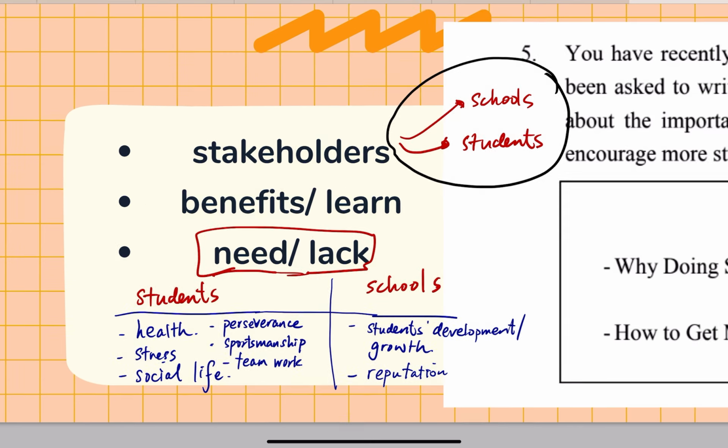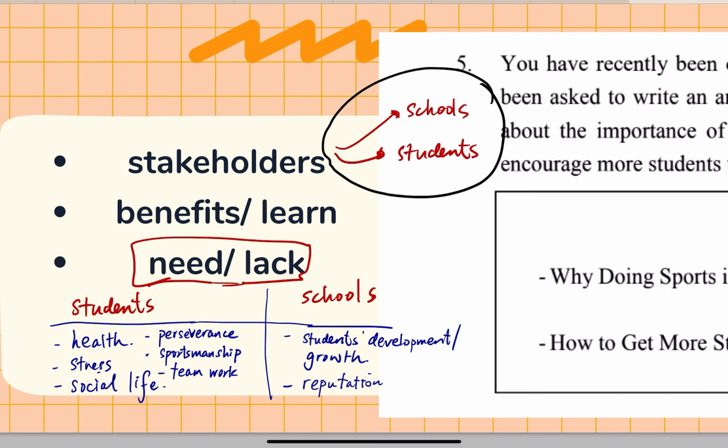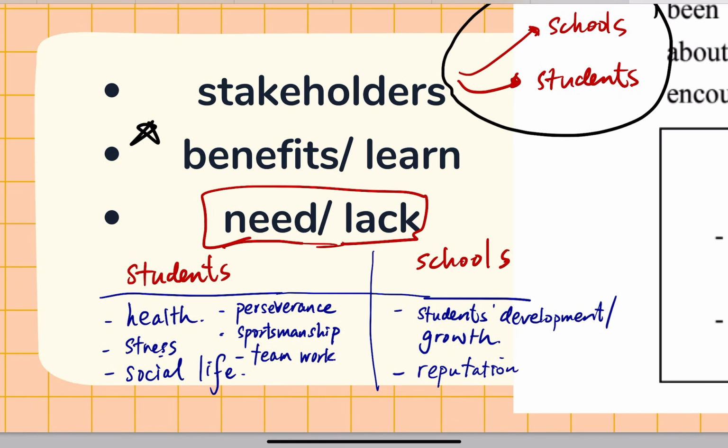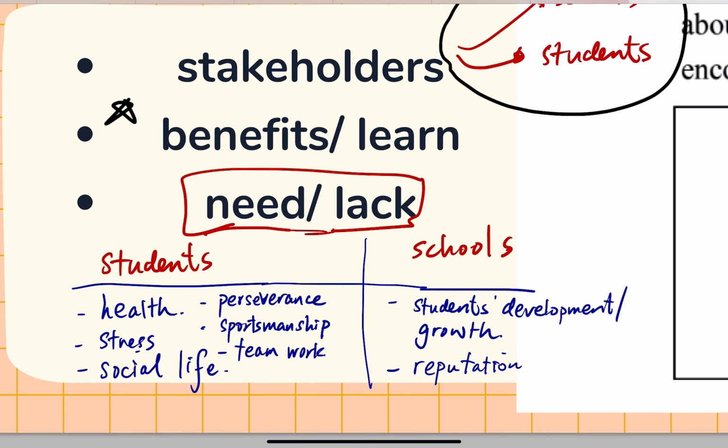So when we want to understand why it is important, we actually want to know the benefits or things that they can learn from doing sports. So I have broken the two stakeholders into this table. As you can see on the left, we focus on what students need or what they do not have.